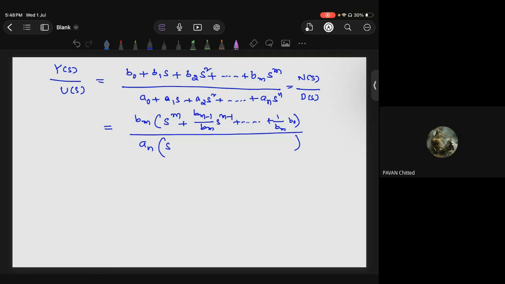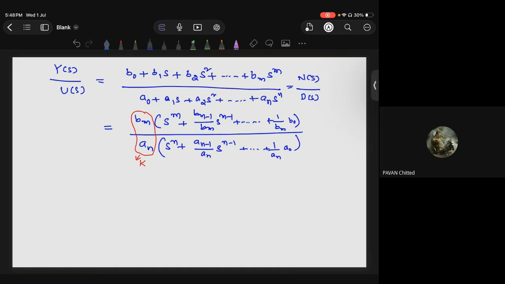Similarly, here also s power n, an minus 1 by an, s power n minus 1, etc. What is the last term? 1 by an, a naught. I'll write this term as some k, because they both are constants.